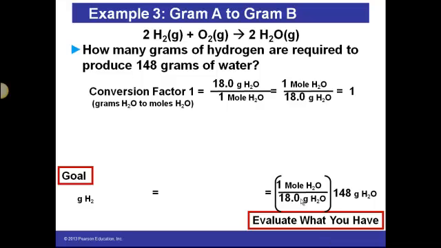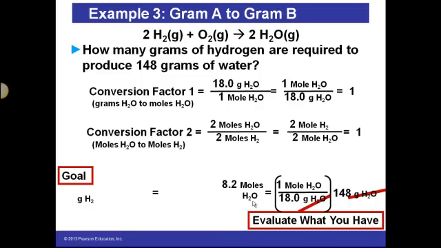We can do that using our molar mass and our molar conversion. This time grams is going to be on the bottom because we want to get rid of them. Moles is going to be on top because that's what we want to find. So if we multiply this through, our grams will cancel out and our answer will be left in moles. So 148 grams of water is equivalent to 8.2 moles of water.